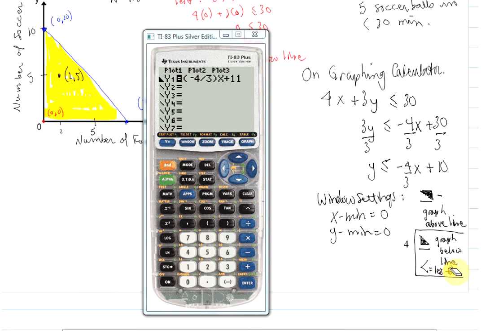Which would mean that this one would be greater than.